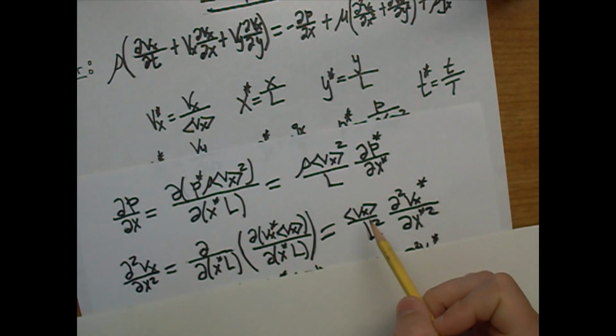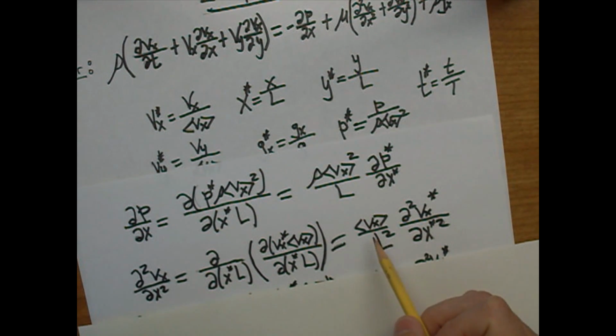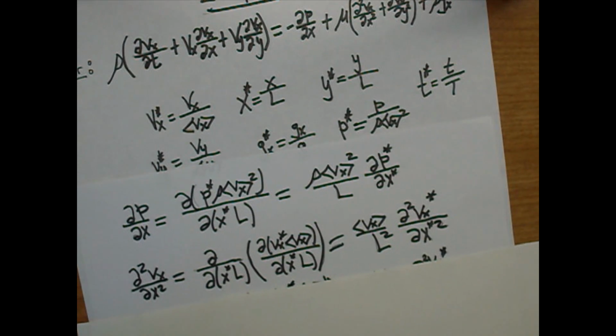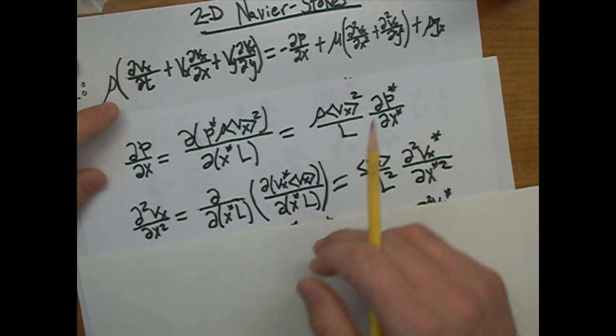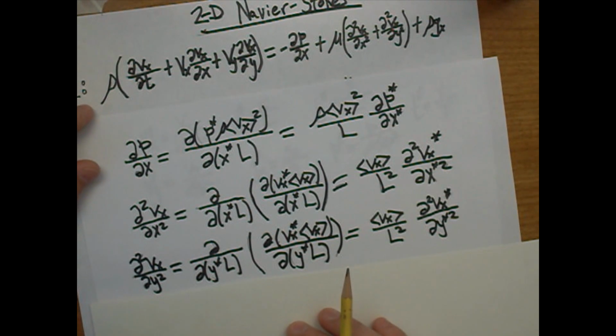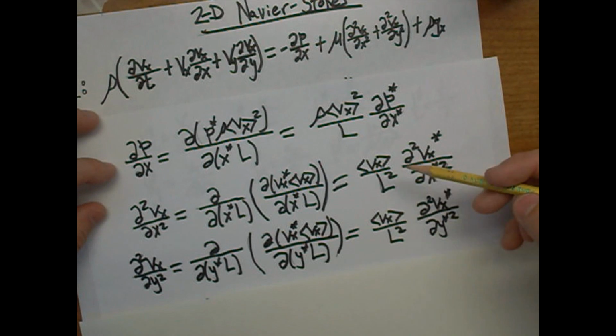We have the average velocity in the x direction divided by L squared. You can do the exact same thing for the second term, d squared Vx over dy squared, and you see you get similar terms here, except you have the x and the y.